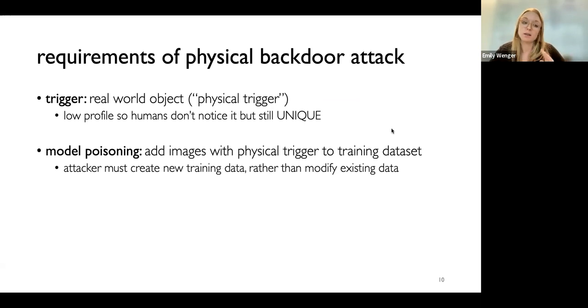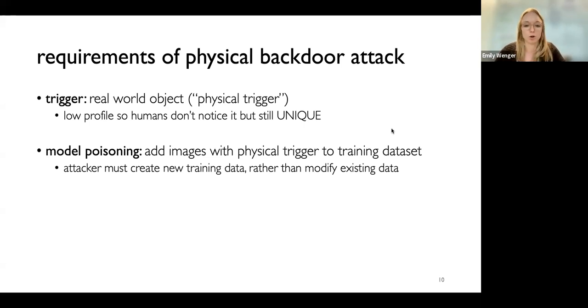The model poisoning process also would have to change in the presence of a physical backdoor attack. It will require that the attacker add images containing this physical trigger object to the training data set, which slightly increases the burden for the attacker because they have to create new training data rather than just edit stuff onto pre-created images.